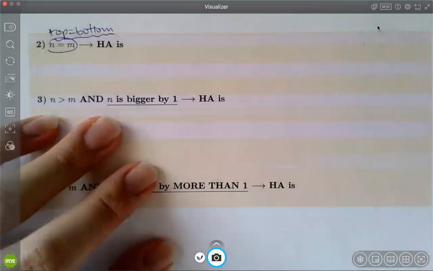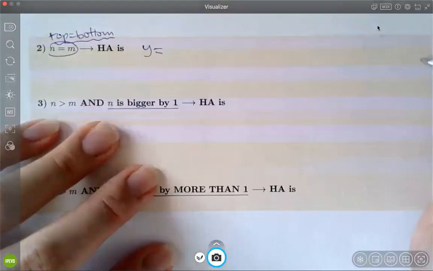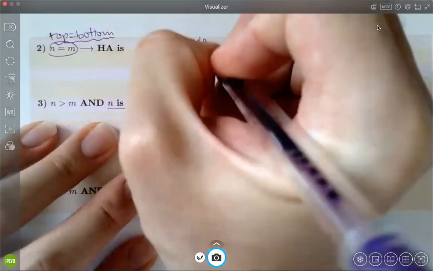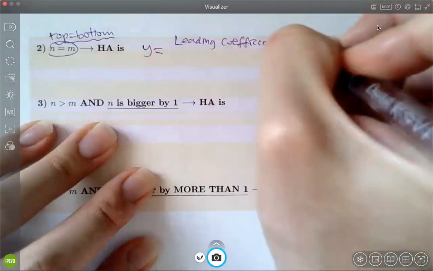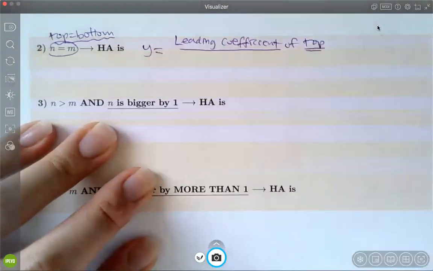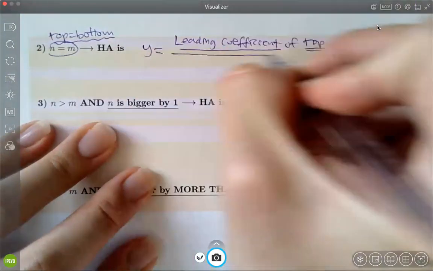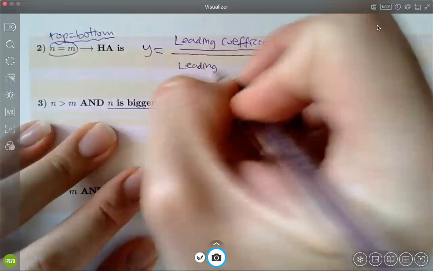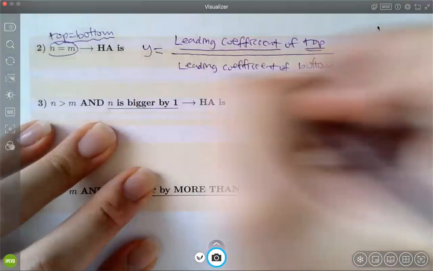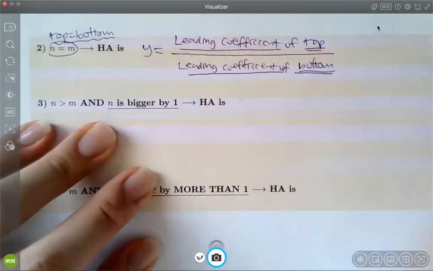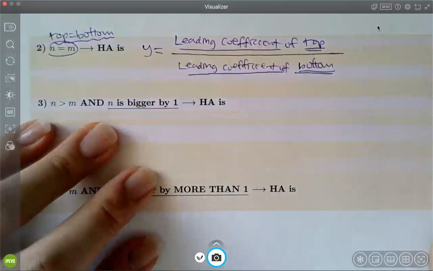The horizontal asymptote has the form y equals the leading coefficient of the top divided by the leading coefficient of the bottom. So basically the top leading coefficient will stay at the top, bottom leading coefficient will stay at the bottom.